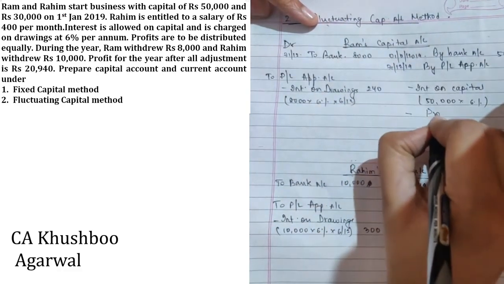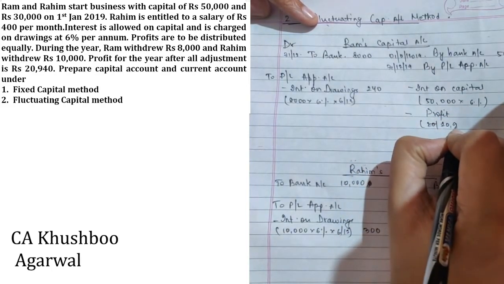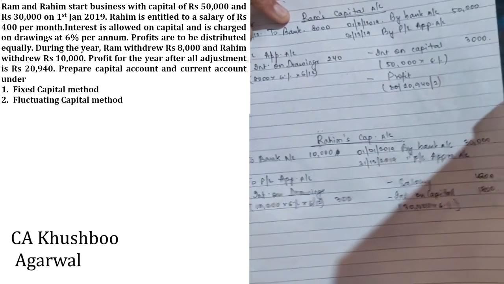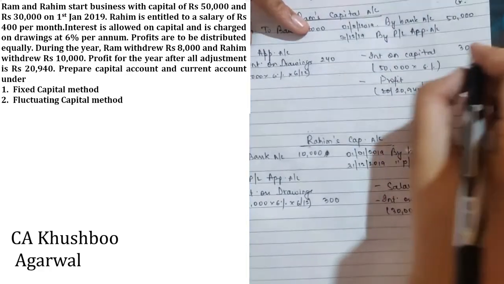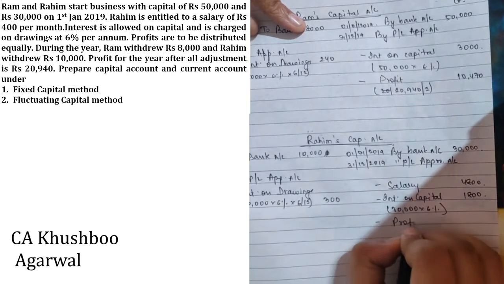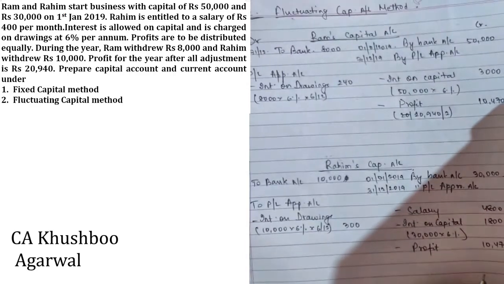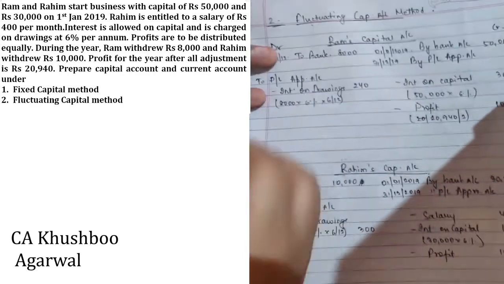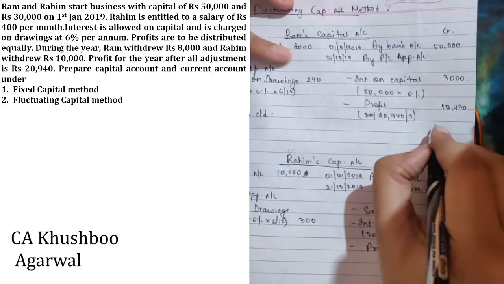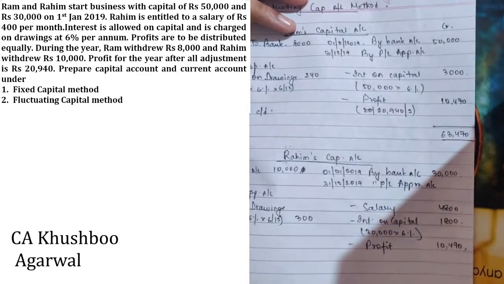Now the profit for the year is given as 20,940. The profit sharing ratio is 1:1. So we'll divide the profit equally between both the partners as 10470 for Ram and 10470 for Rahim. Now we are going to balance these two accounts. So it is 63,470 is the total.